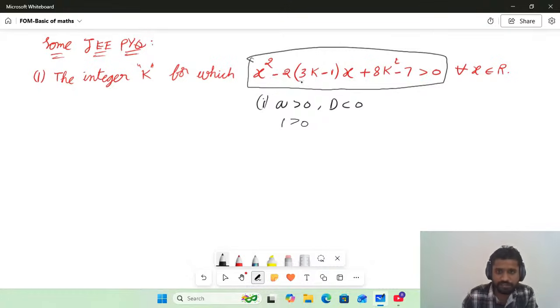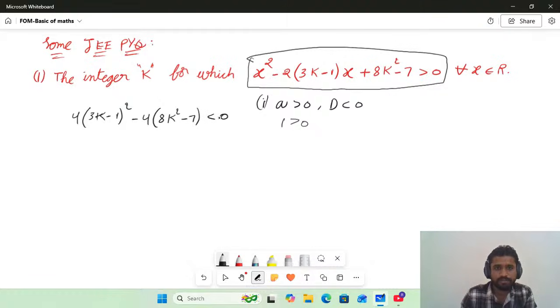So what is the discriminant of this equation? D is b square minus 4ac.